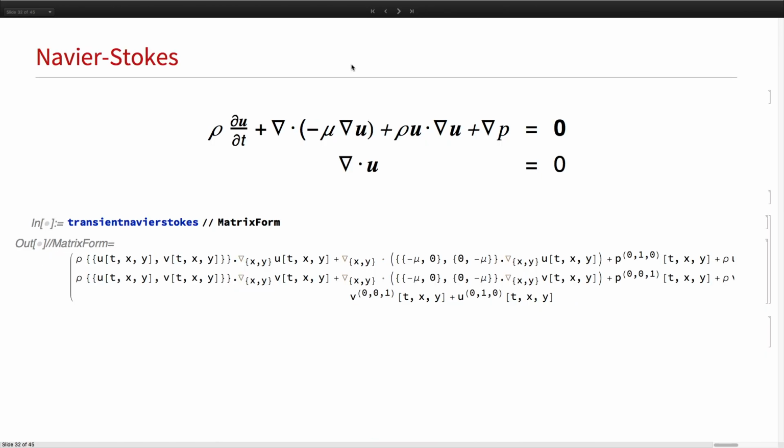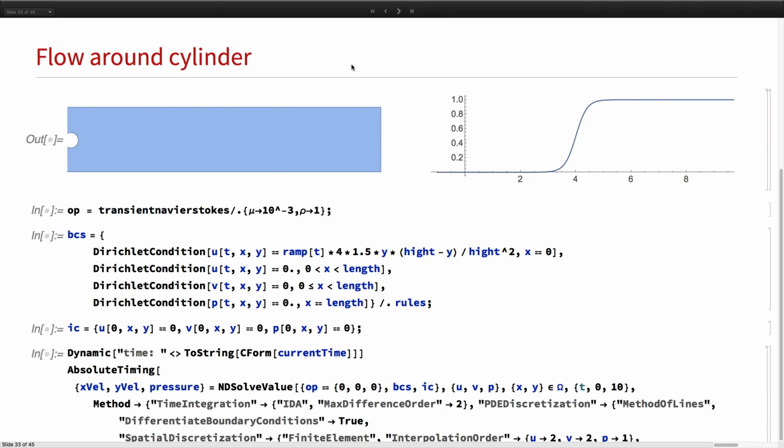So that's another area you can do now. Transient Navier-Stokes. Same Navier-Stokes equation as before, but now things are time dependent. What we have here is an inflow box. The box should extend further to around here.